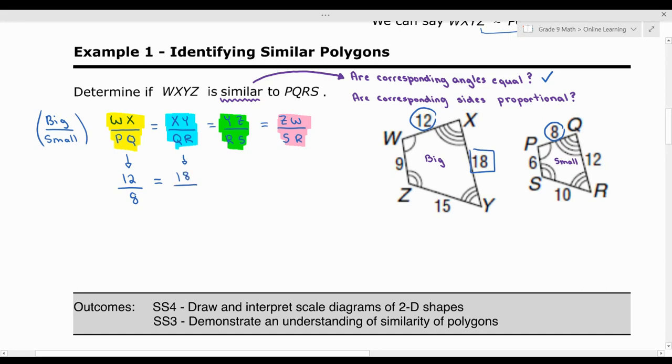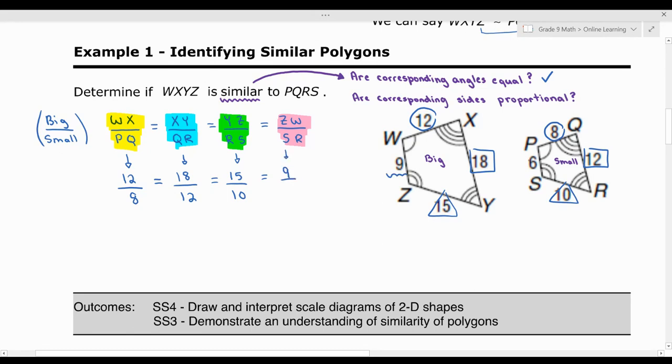I'll compare that to QR, which was 12. YZ had a length of 15. And then RS had a length of 10. And then ZW had a length of 9.